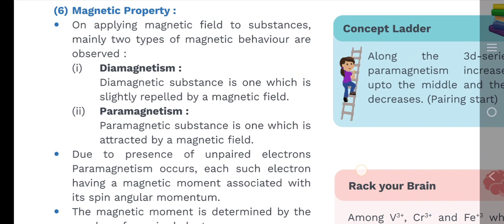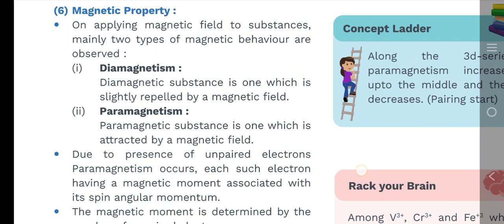Magnetic property. On applying a magnetic field to substances, mainly two types of magnetic behavior are observed. Diamagnetism: a diamagnetic substance is one which is slightly repelled by the magnetic field. Paramagnetism: a paramagnetic substance is one which is attracted by a magnetic field. Paramagnetism occurs due to the presence of unpaired electrons.